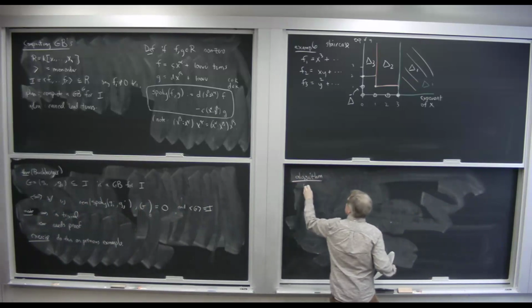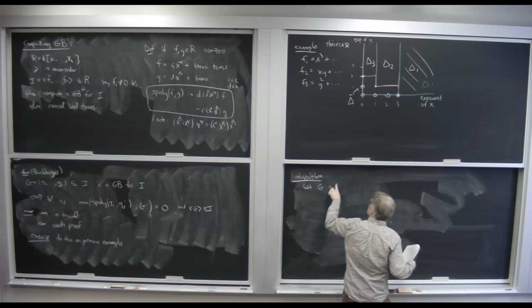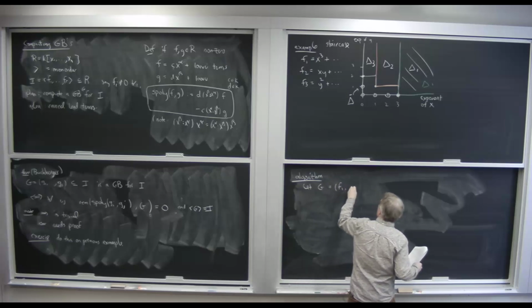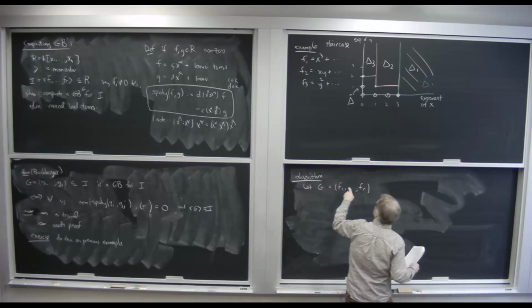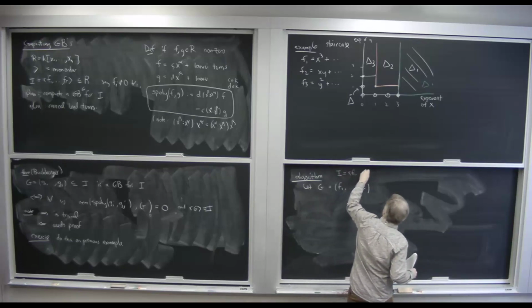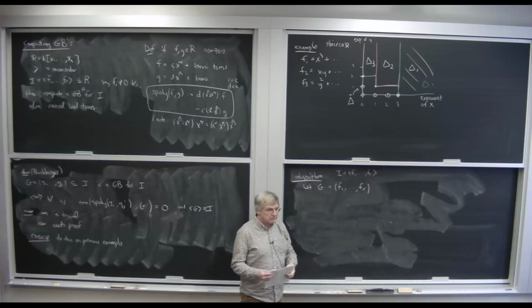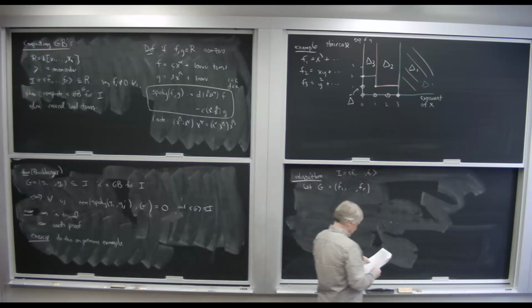Let G equal the list F1 up to FR. This is our generating set. So I is equal to the ideal generated by F1 to FR. And I guess I'm assuming they're all non-zero. So I'm letting that be my initial set. There's all sorts of ways of improving this, and I'll say something about that in a second.